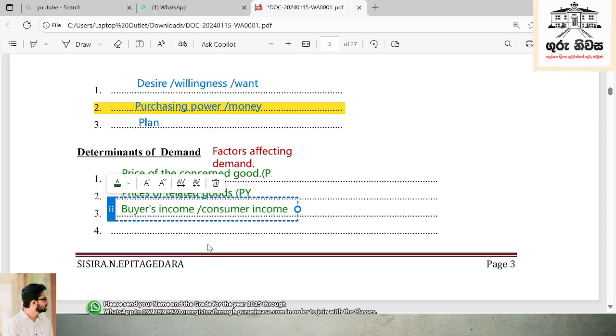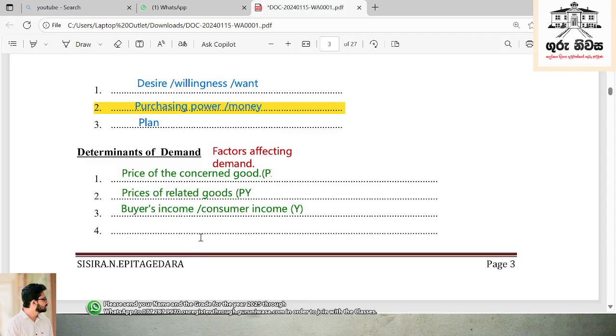The abbreviation is Y. Remember, income in economics is represented by Y. Remember forever. What is the letter? Y. Y means buyer's income.